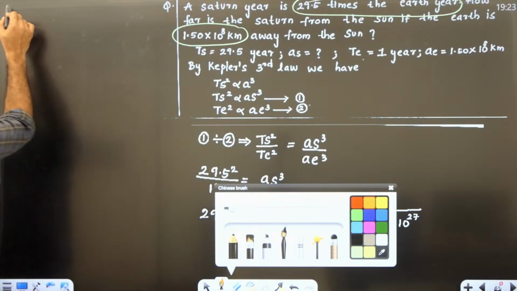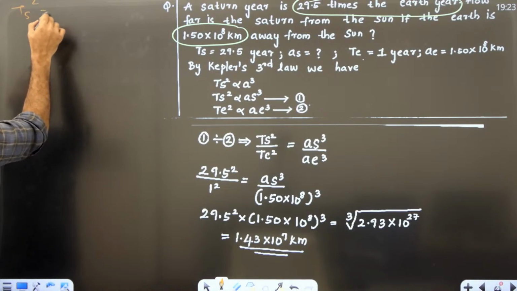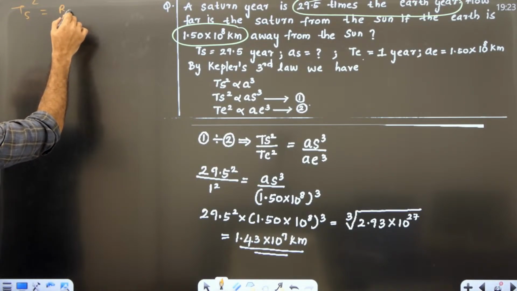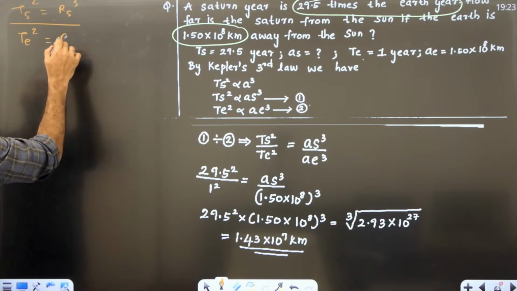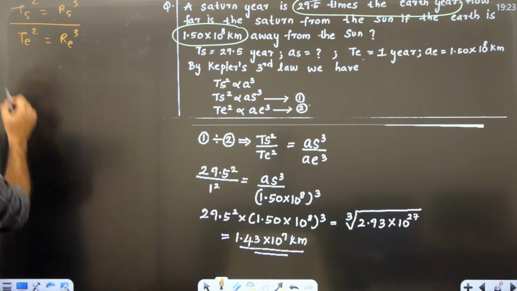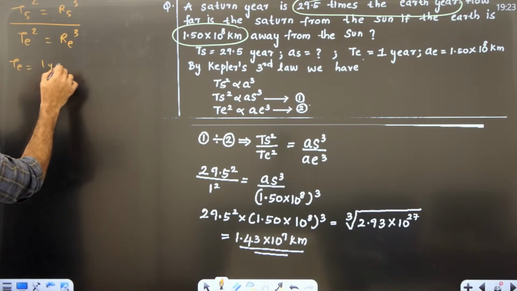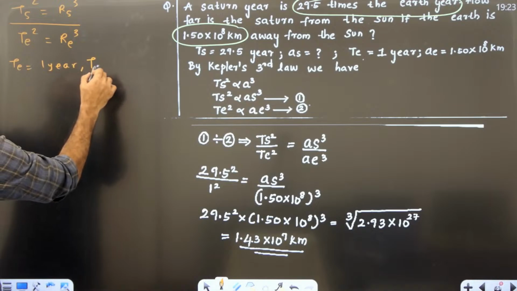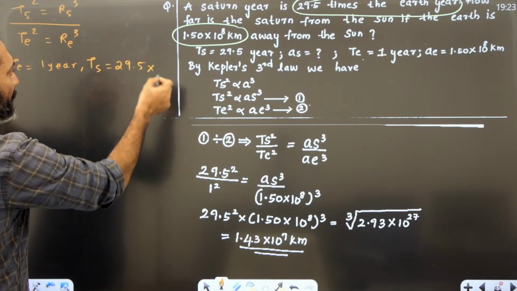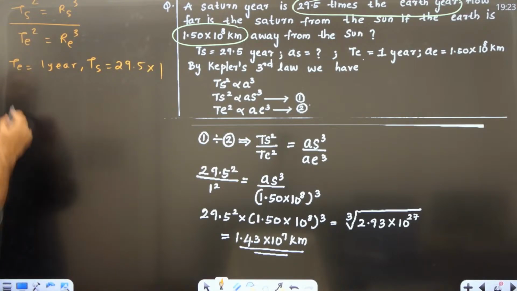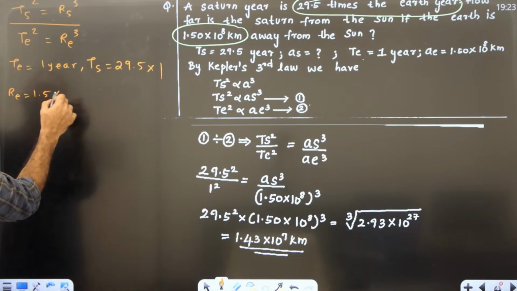We know that T1 square, let this be Saturn, time period of Saturn square is equal to radius of Saturn cube divided by time period of Earth square is radius of Earth cube. Now what is Saturn's time period? Earth's time period is 1 year, and it is given that the time period of Saturn is 29.5 times the Earth year. And what is the radius of Earth? 1.5 into 10 raised to 8.